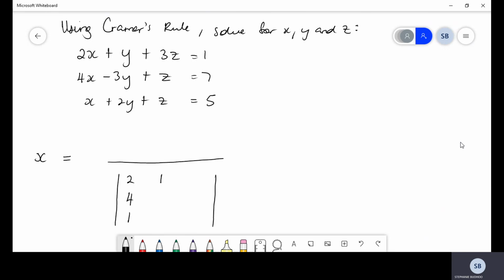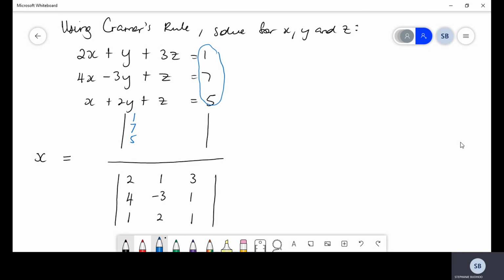You have positive 1, negative 3, 2, we've got 3, 1, and 1. Nice and easy. And we know if we are finding the x value, then we need to set that first column to those values given on the right-hand side.